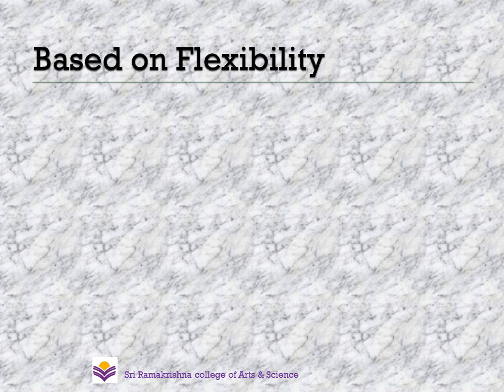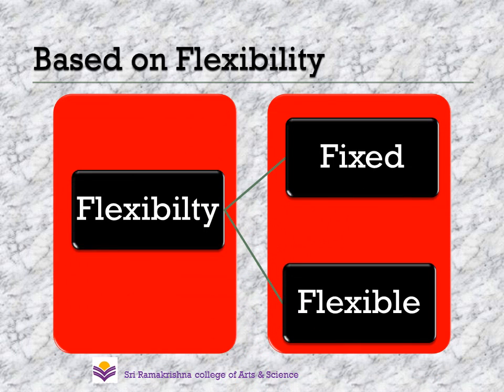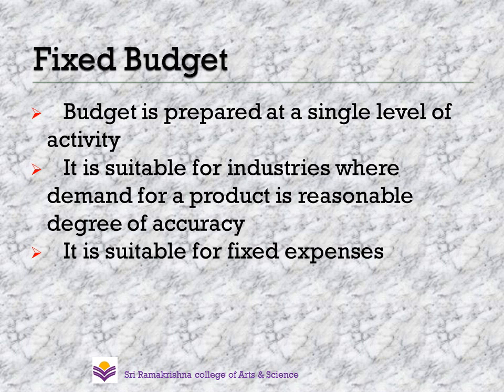So the second main division of classification of budgets is on the basis of flexibility. On the basis of flexibility, it is again classified into two types, that is fixed budget and flexible budget. A fixed budget is prepared unchanged, irrespective of the level of activity actually attained.